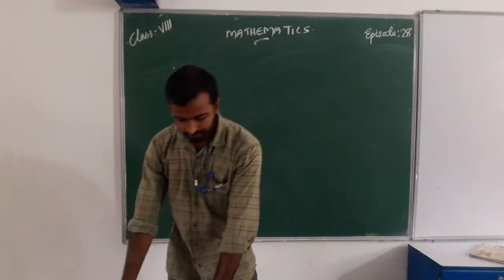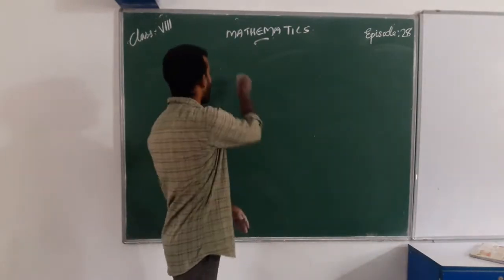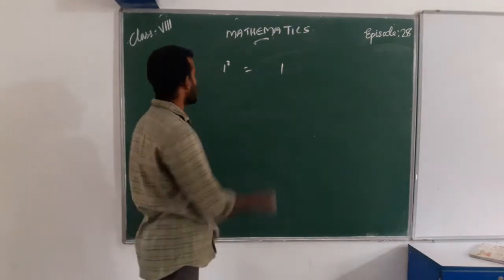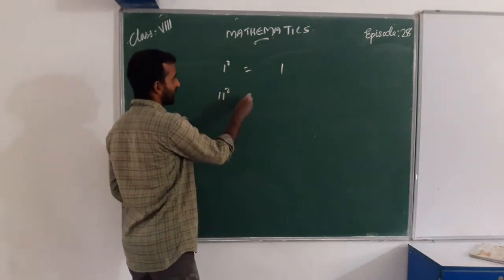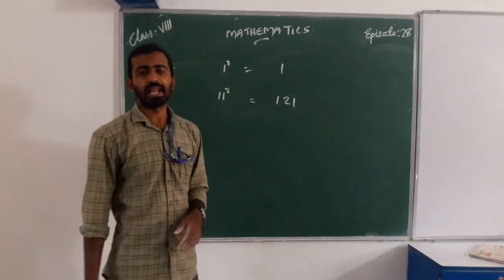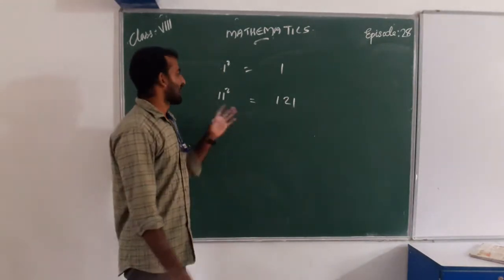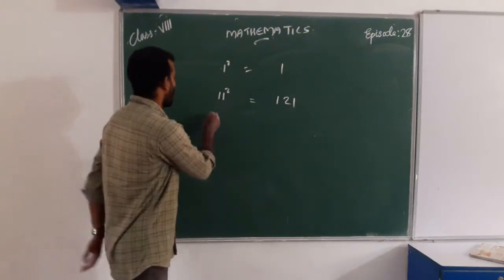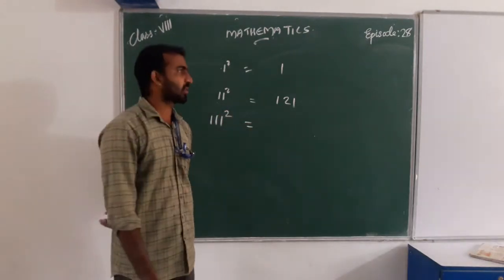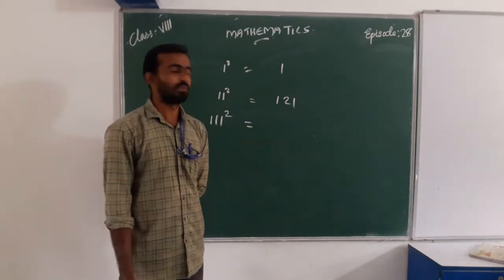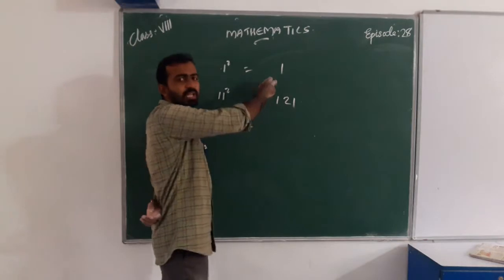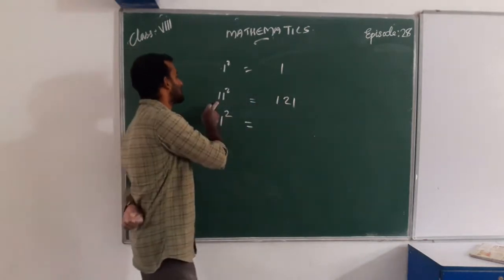We can take 1 square, that is 1, and 11 square, that is 121. Next, 111 square. What can we write? This is 1 digit, here also 1 digit, and this is 2 digit.